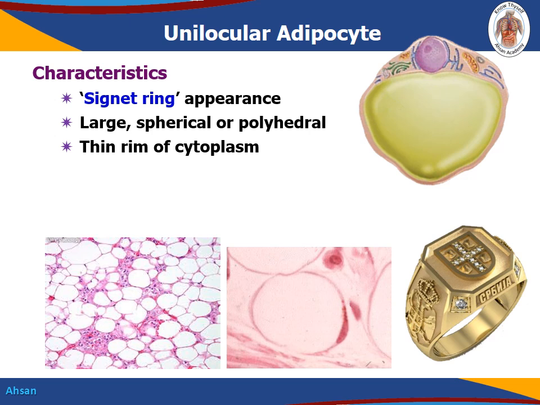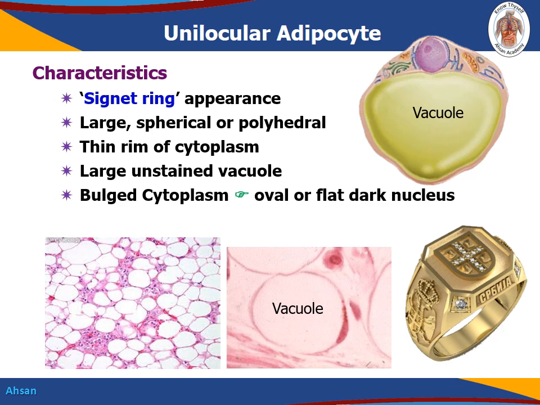This has a thin rim of cytoplasm and a large unstained area, because hematoxylin eosin staining is water soluble, but this vacuole contains fat, so this area cannot be stained with water soluble dyes and remains unstained. The cytoplasm is a bit thicker in the area where the nucleus is present, which is large, oval, or flattened.